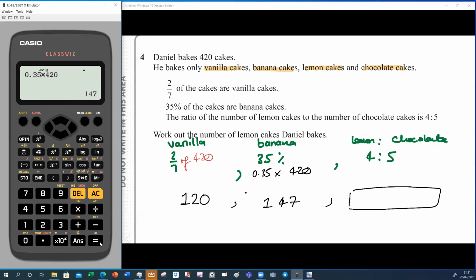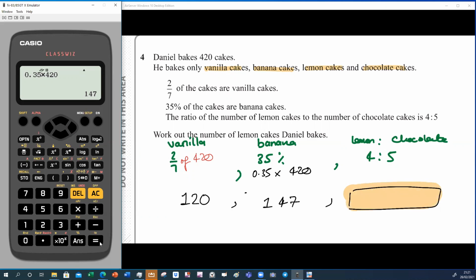So first of all, can you tell me how many cakes are left over on this side then? So Anaya, we have 120 vanilla, 147 banana ones, and the rest of them, that makes the total of 420, will be lemon and chocolate combined. So how many are in that last section? How would you work it out?